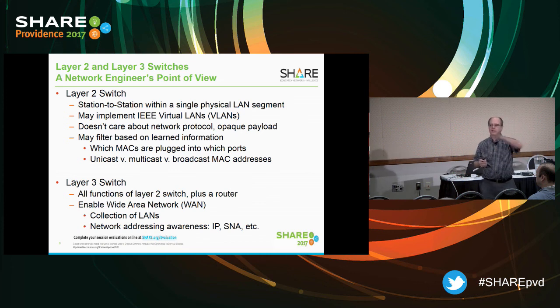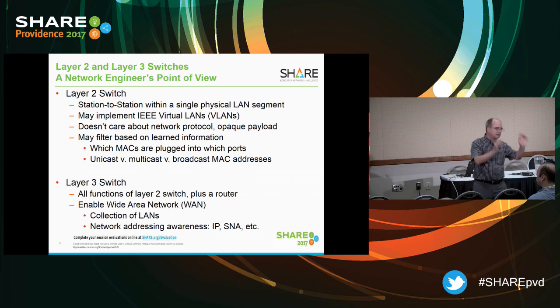How I move data from one port to another is called bridging. I bridge the ports together in some fashion, connect them in some fashion that I decide. It's station to station. And I don't care about what protocol you're running, what your payload looks like. It's not important. All my job is to physically deliver the information to the device.